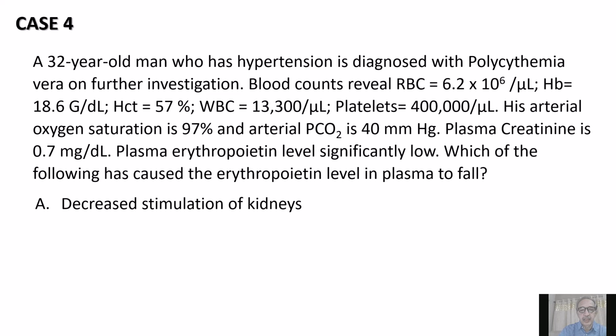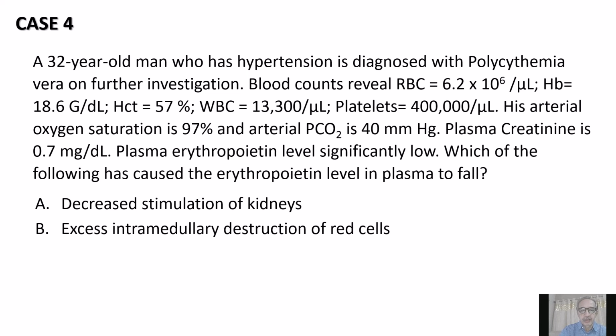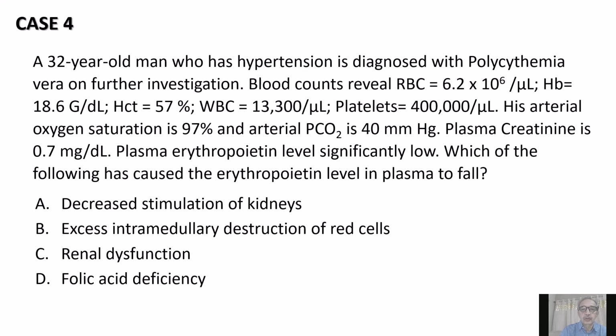Decreased stimulation of the kidney, excess intramedullary destruction of red cells, renal dysfunction, folic acid deficiency. So there is a primary defect in the bone marrow, as we have seen in the previous case, excess stimulation of bone marrow activity, increase in the number of cells.